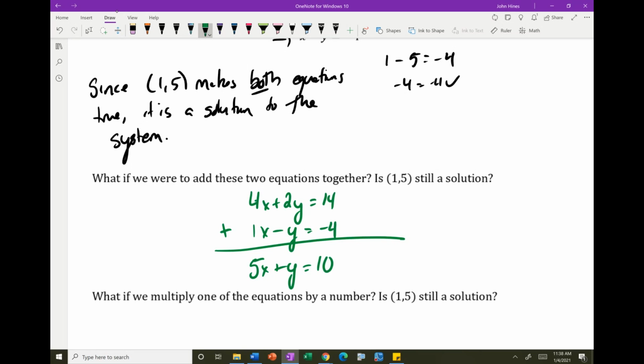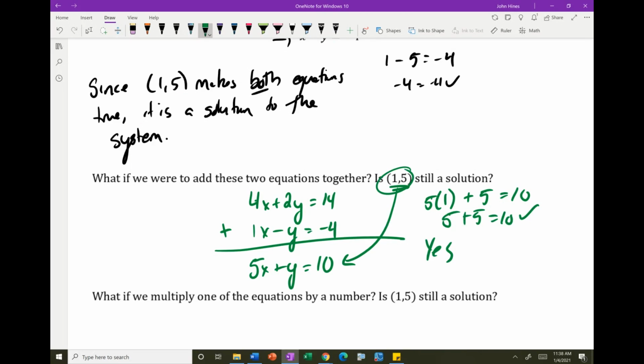So I get this new equation here. Does (1, 5) work for that one equation? Well, let's check. 5 times 1 plus y equals 10. Well, last time I checked, 5 plus 5 does equal 10. So adding equations together doesn't change the point that's a solution to both of them.